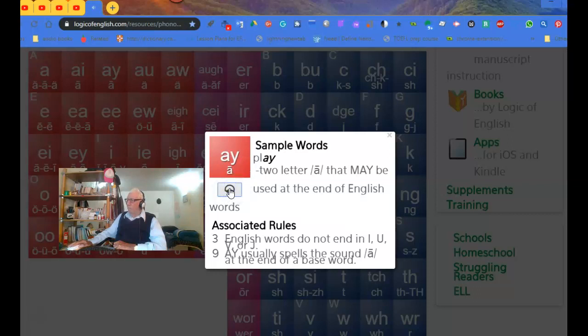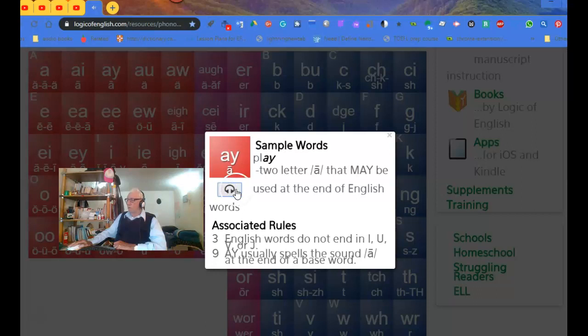A, two-letter A that may be used at the end of English words, because English words do not end in I, U, V, or J. Let's do it again.